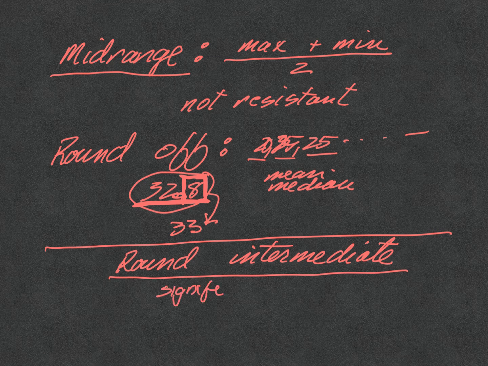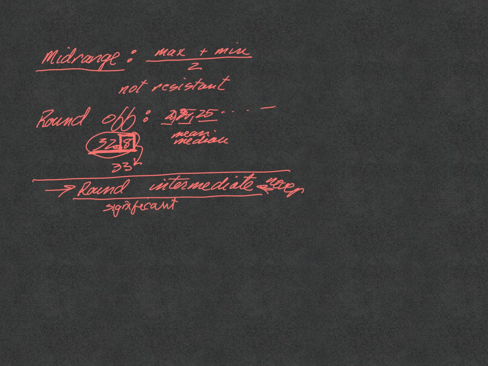And because of the significant figures, we often forgot about this, which is never, ever round intermediate values. In other words, here's a common place I used to see it in mathematics. What students would do is they want to do a compound interest problem, okay?